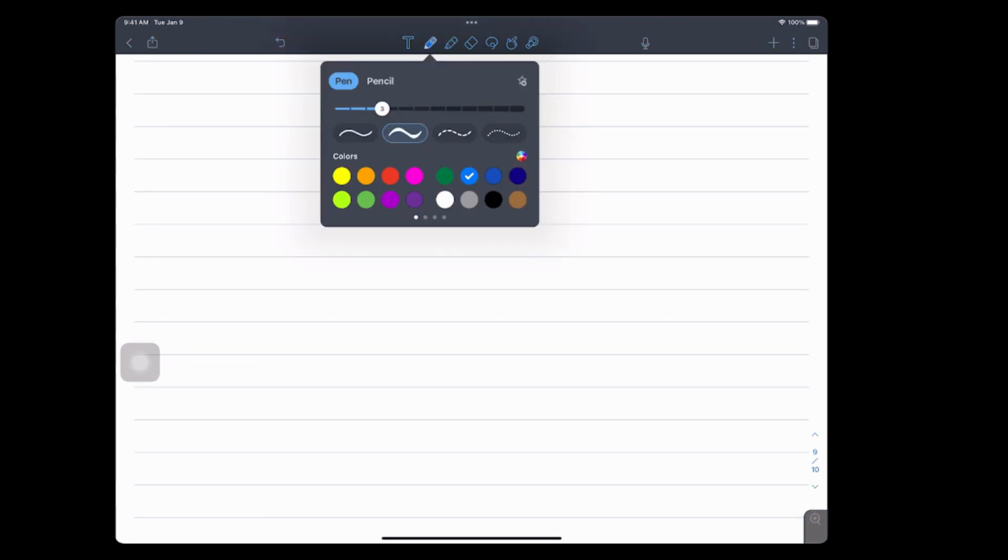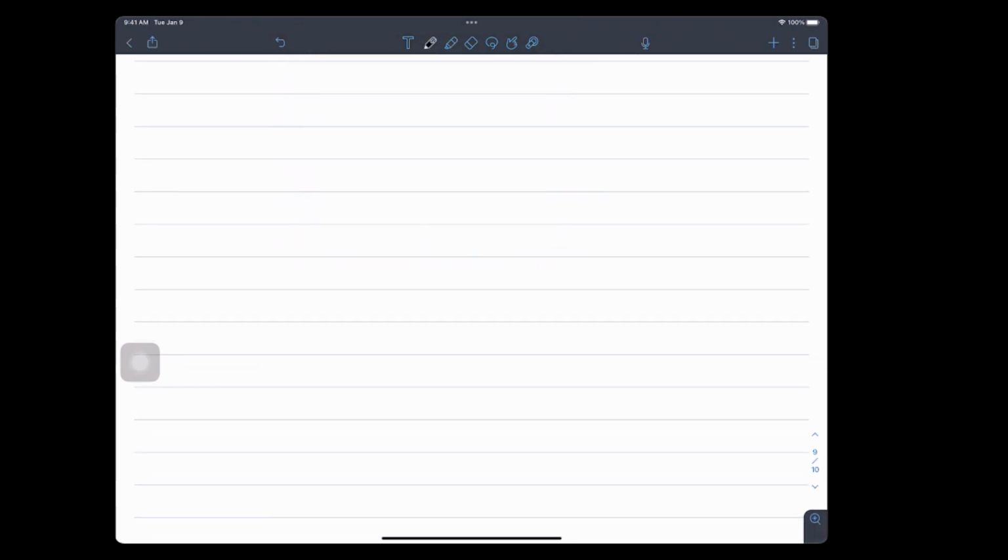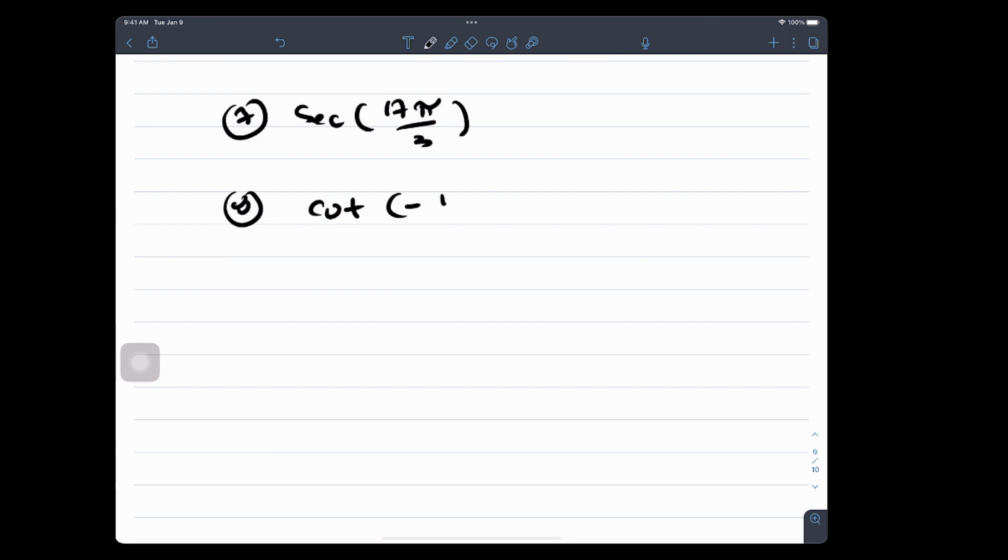I'm going to give you guys a few more to try yourself. Now that you've seen a few of these here. Number 7: secant, ladies and gentlemen, 17 pi over 3. 8: cotangent, negative pi over 4.